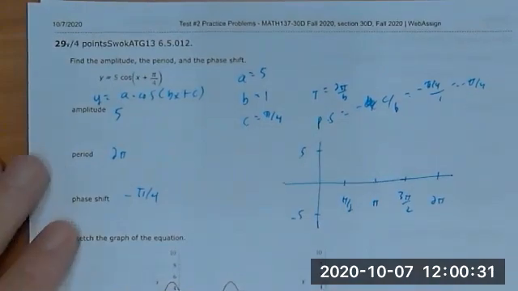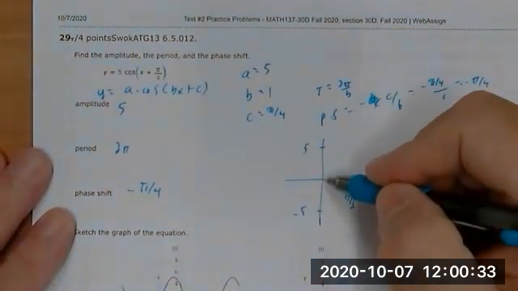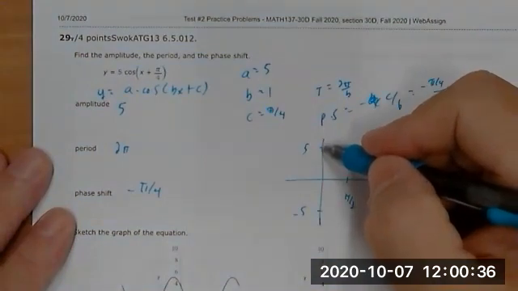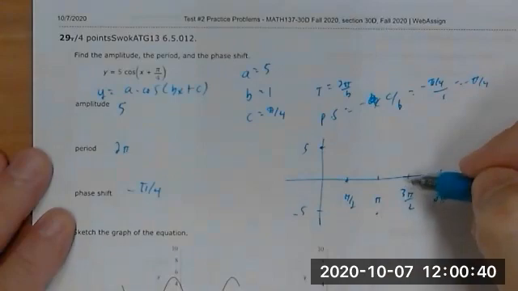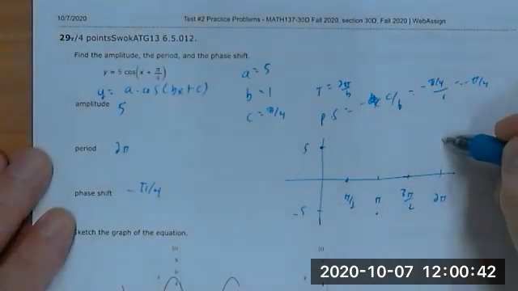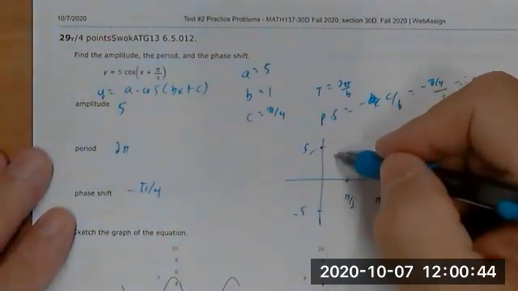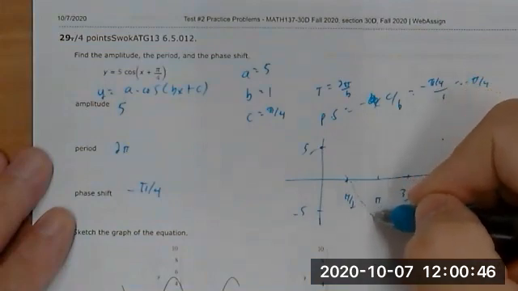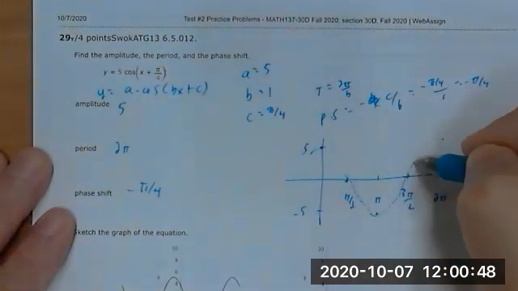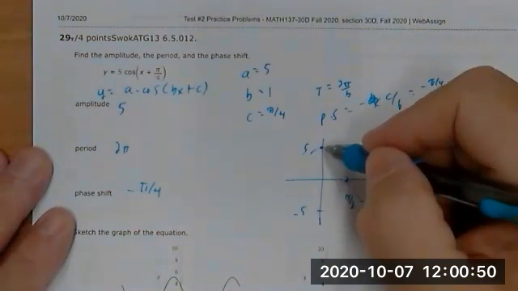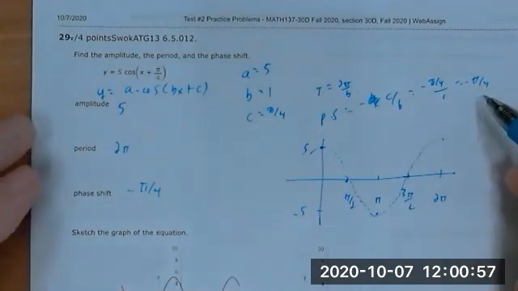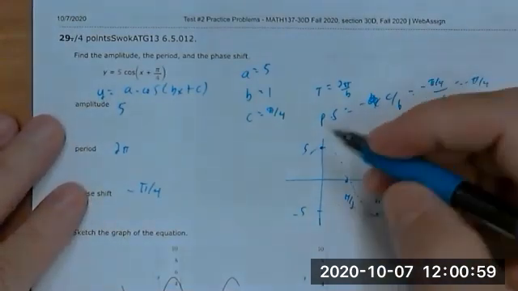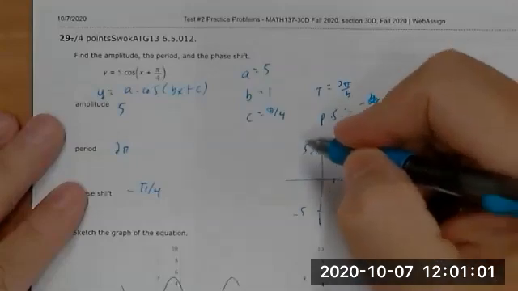Now if I graph the standard cosine, when the angle is 0, the cosine is 1, so it's up here. Then it goes to 0, -1, 0. So there's the standard cosine. However, it's going to be shifted to the left, pi over 4, which is about this distance here.